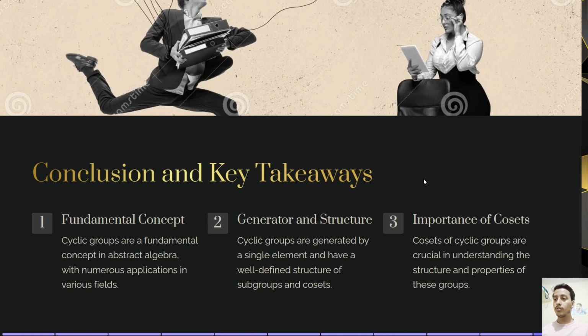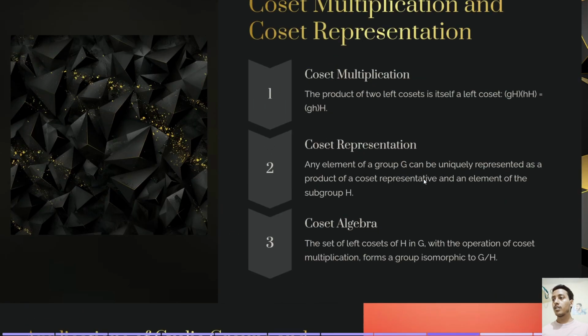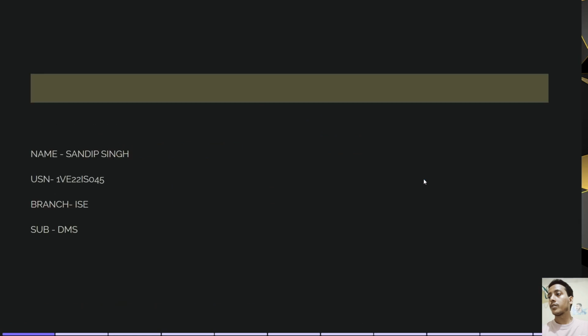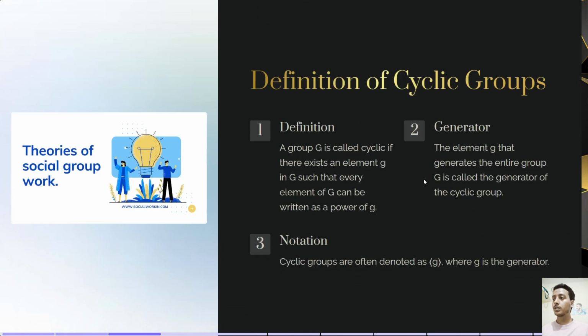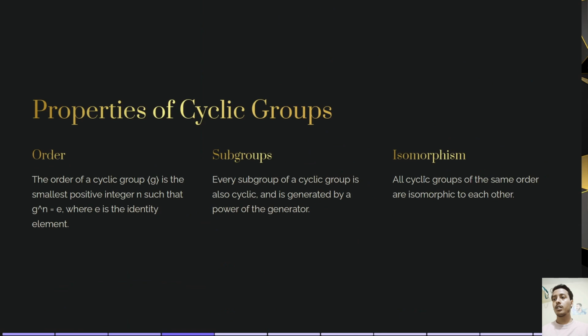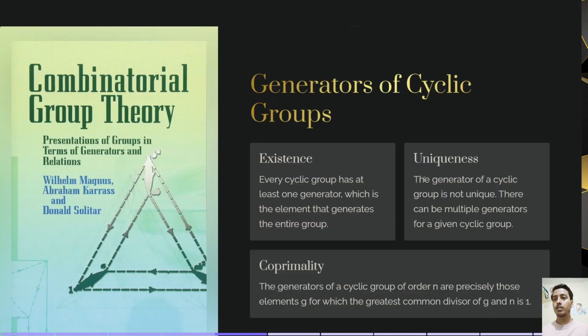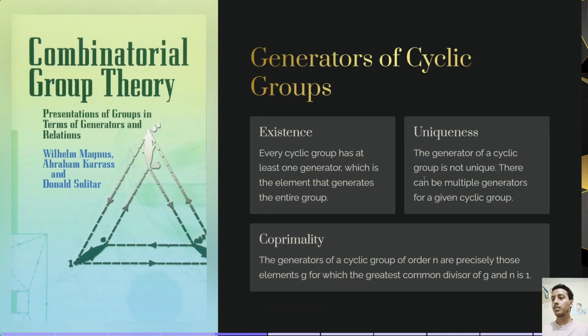So in this video we have seen cyclic groups. First we saw an introduction to cyclic groups. After that we looked at the definition and the properties of cyclic groups. Then we saw generators of cyclic groups.